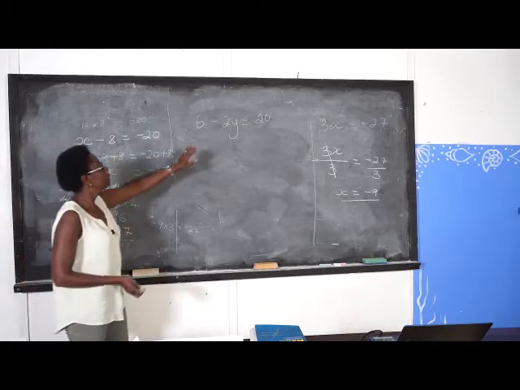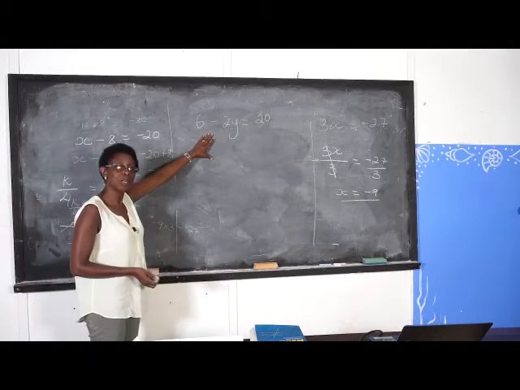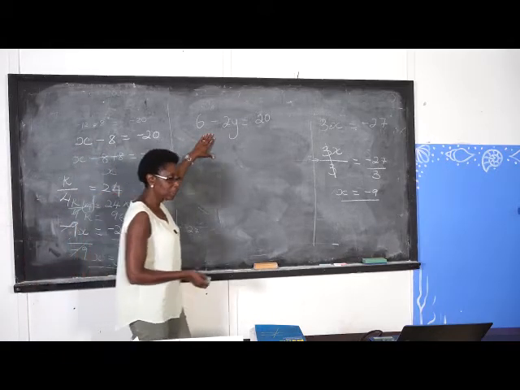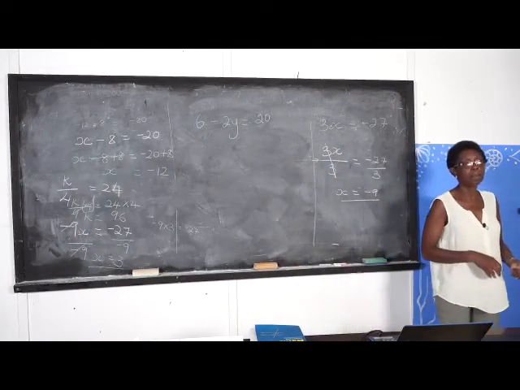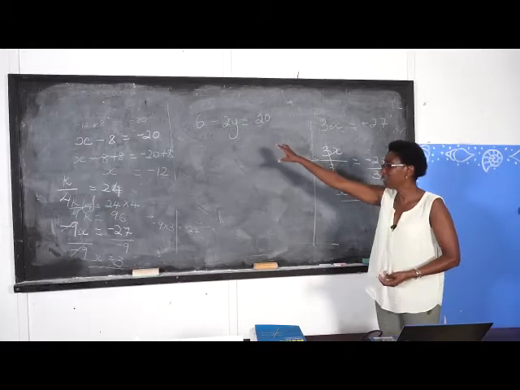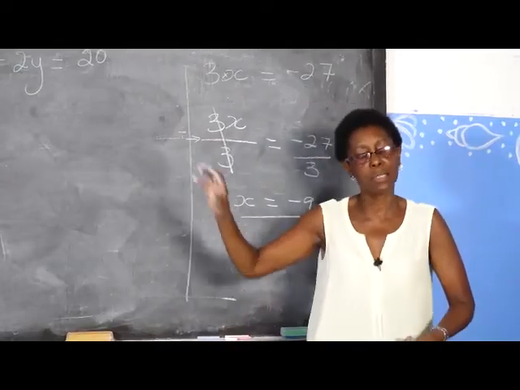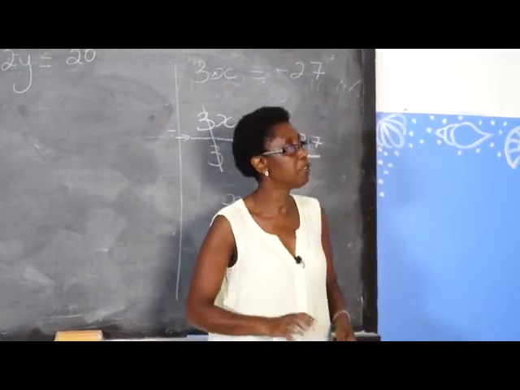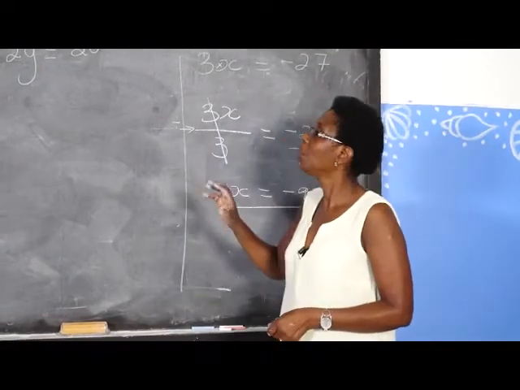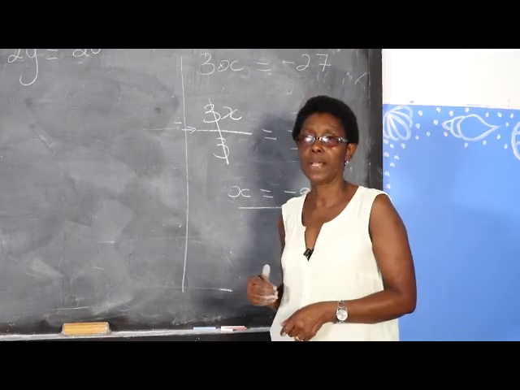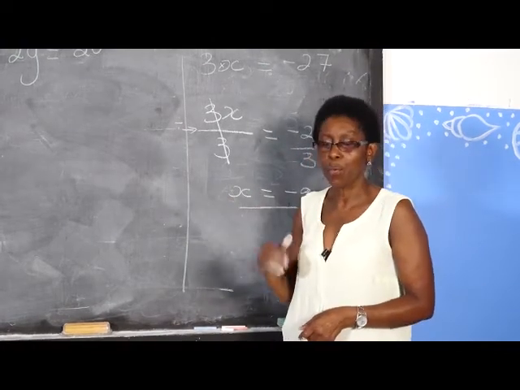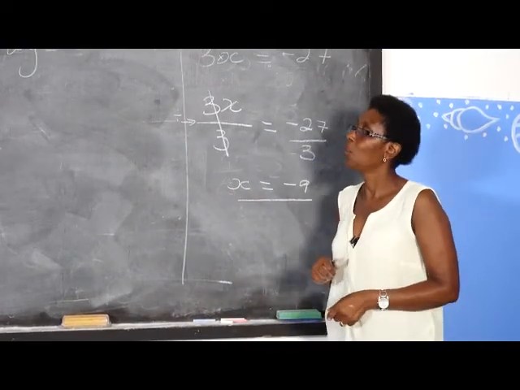Now, some of you may have been able to get this one. Okay? So we will go over the question at some point. This was for the able student. But for those who did not get it, what is this? That's a two-step equation. Two-step. What must go?